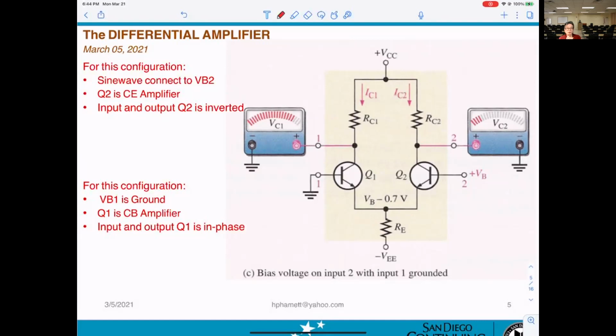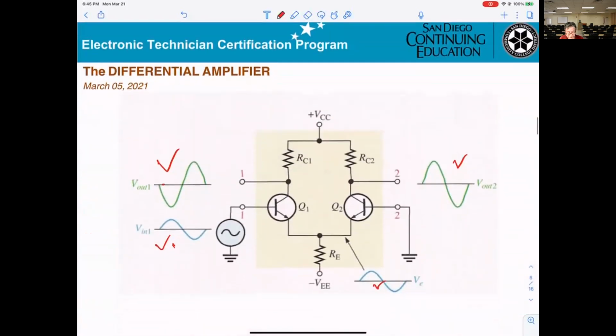Input and output of Q2 are inverted. Okay. And VB1 now will be grounded. Q1 is a CB amplifier, and input and output of Q1 are in phase. Okay, we already know that.